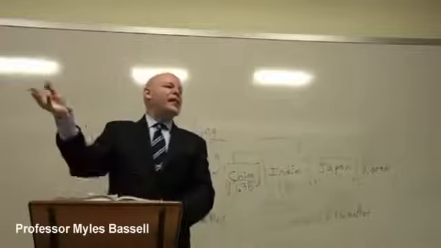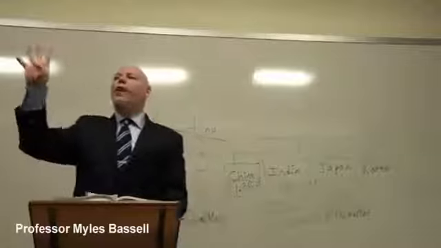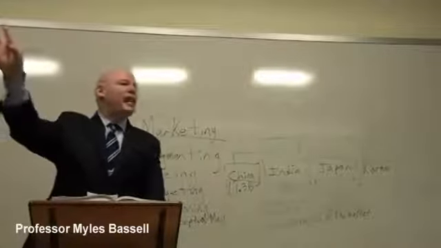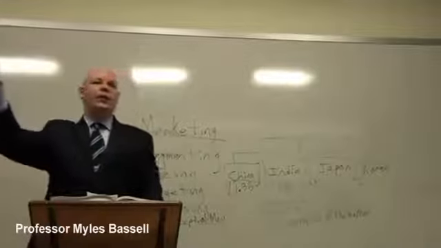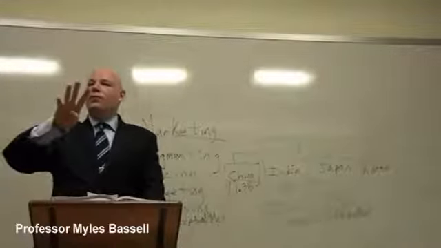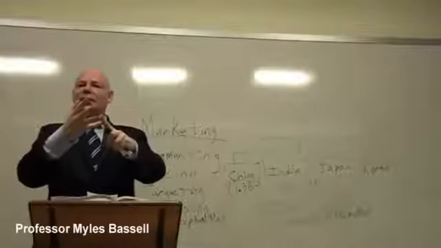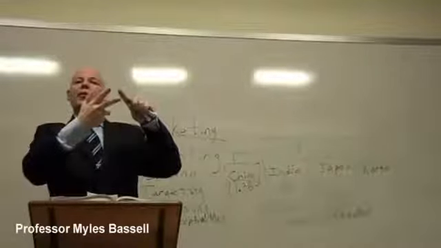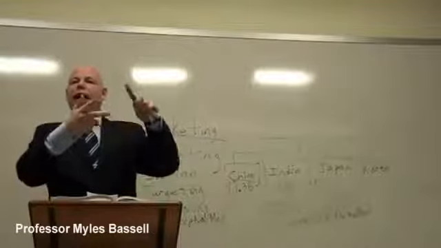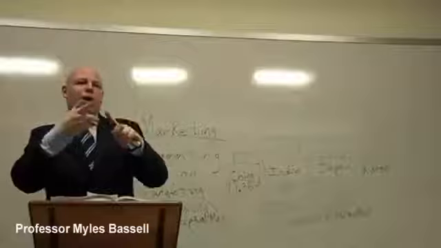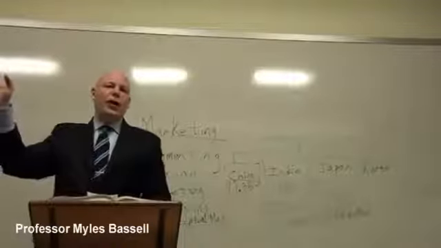In the United States, what do we have? About 4 companies that control literally about 90% of the wireless communication. The largest is AT&T, then Verizon, then Sprint, and T-Mobile. Aren't those the 4 largest competitors?